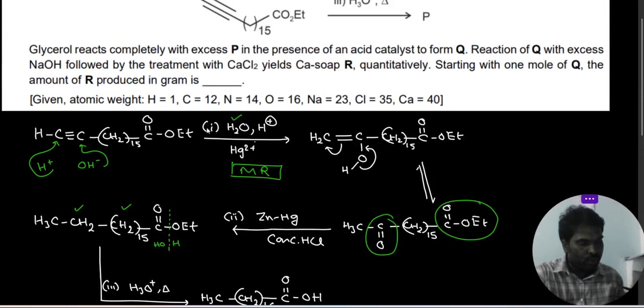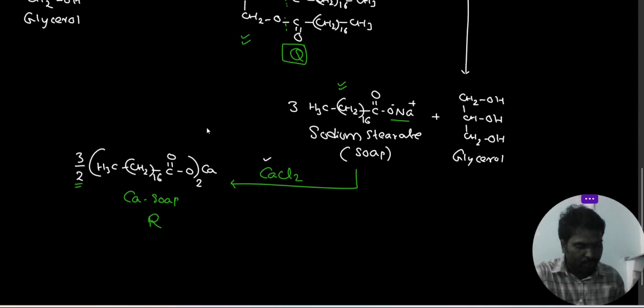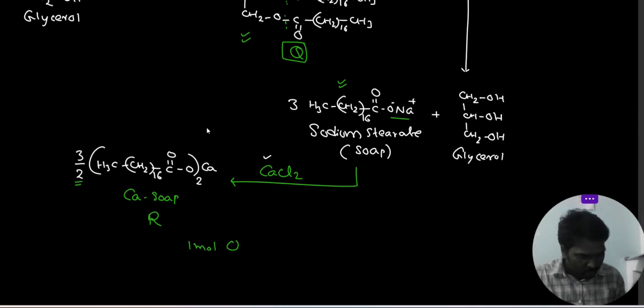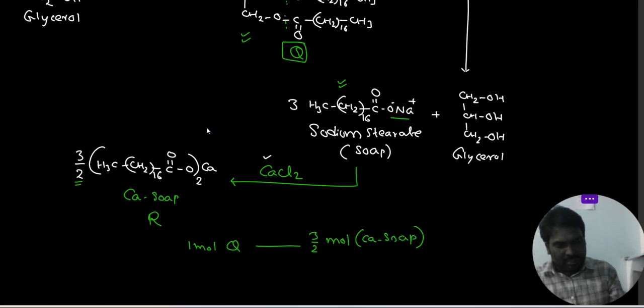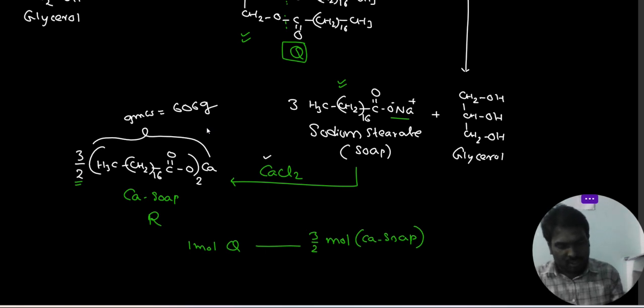For 1 mole Q, product R, how many moles are formed? 3/2 mole of calcium soap is formed. Then the gram molecular weight of this calcium soap is 606 grams. Understood everyone?